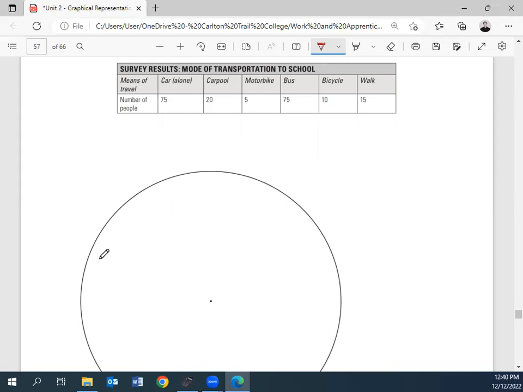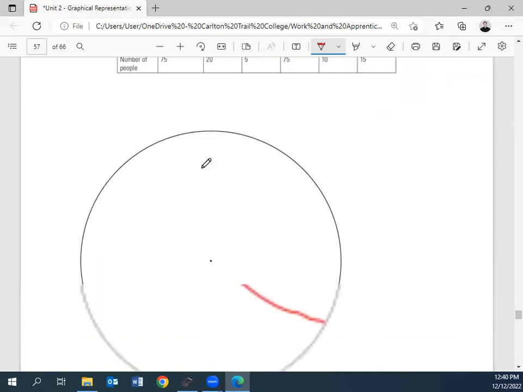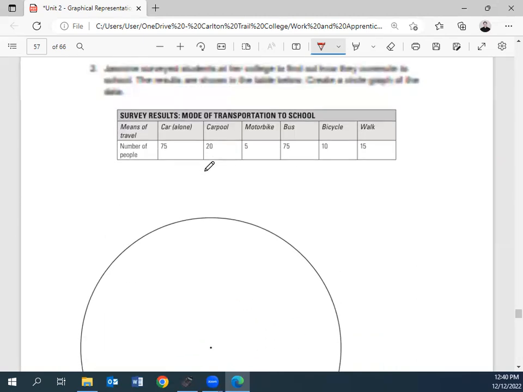So we use degrees to track how much in the circle we go. We know there's 360 degrees in a circle, right? So there's 360 degrees in a circle.